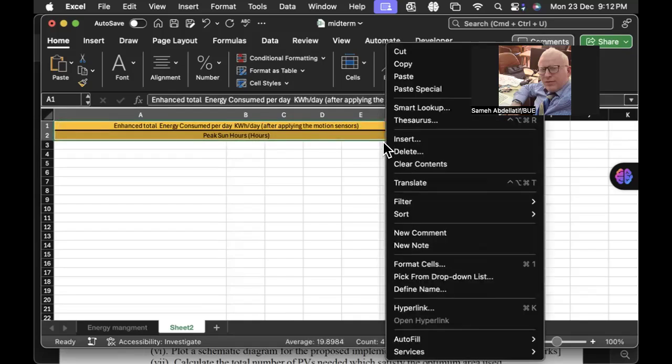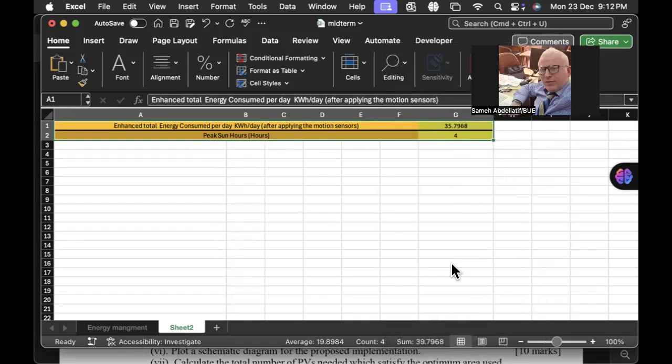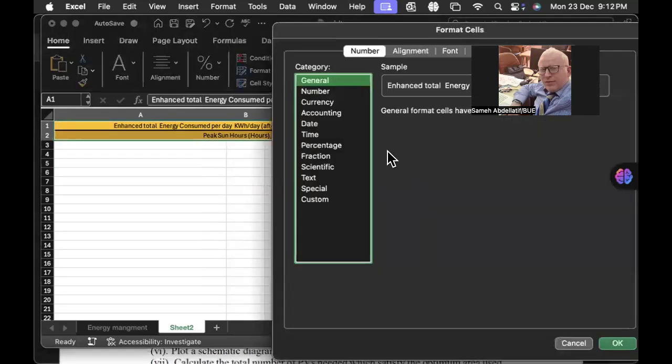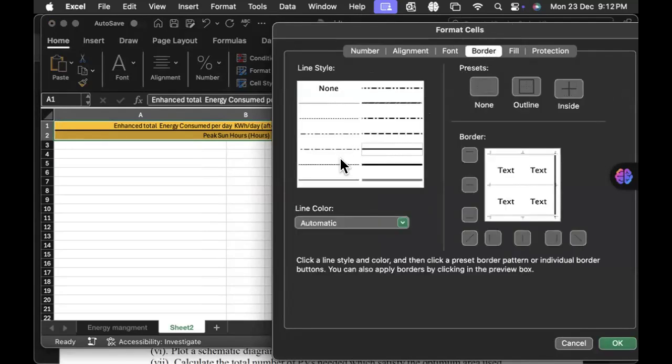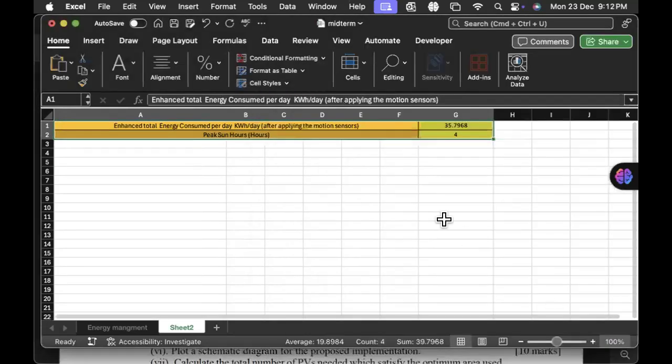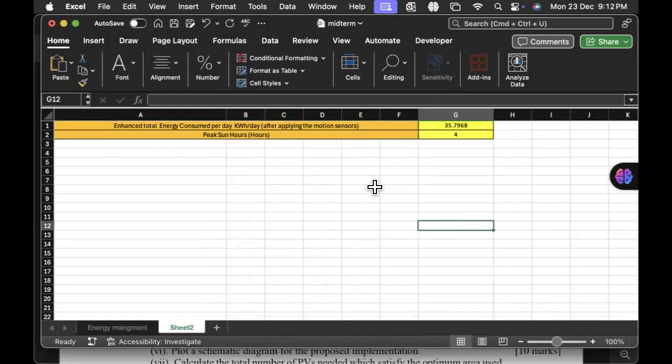Just for a cosmetic reason, let me go here to the borders and make normal borders everywhere. Okay, so this is the peak sun hours.